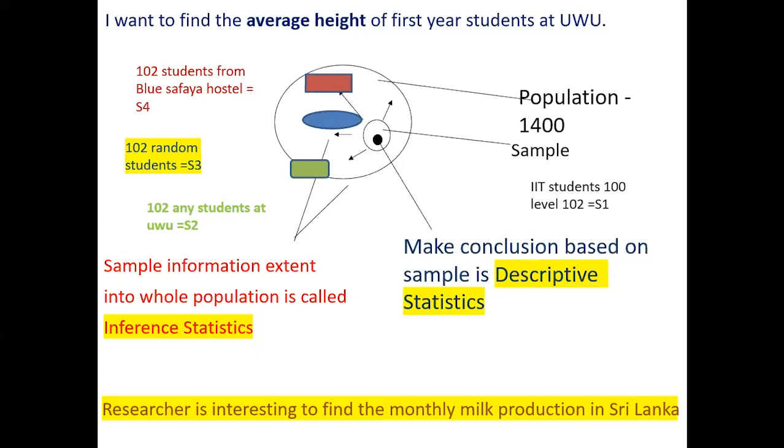Here, I have not defined whether it's a company or an individual, or whether it's a small farm or a big farm. I'm not interested in that. I just want the monthly milk production of Sri Lanka. How are you going to find it? From whom am I going to collect the information?